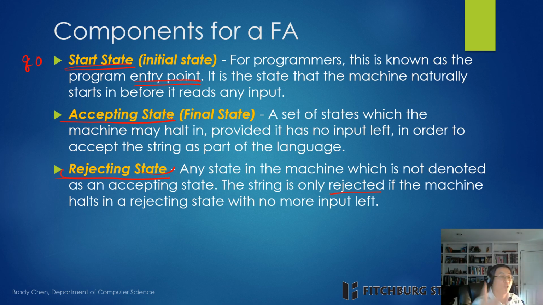We reach the end of the input, but we eventually land in the rejecting state, so we reject that input. This is basically what the finite automata does: it accepts the input based on the rules and decides whether this input is accepted or rejected.